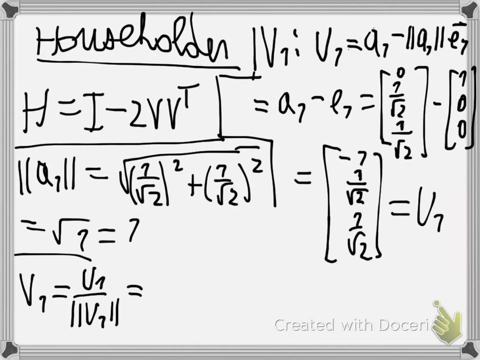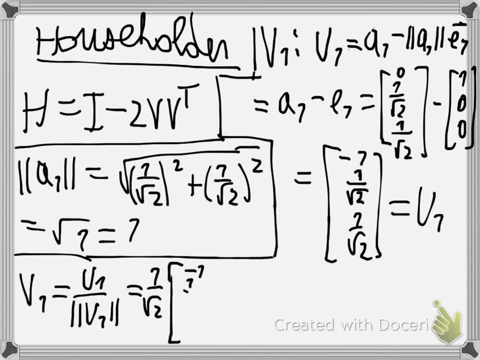And so I should get 1 over square root of 2 times negative 1, 1 over square root of 2, 1 over square root of 2.